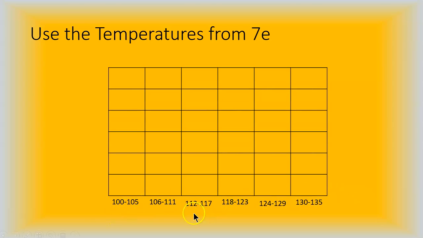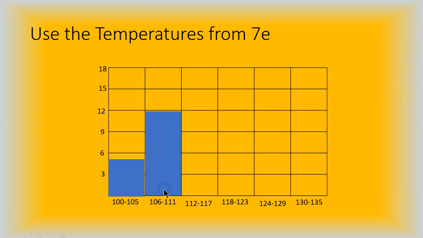You could copy it right from there. And then on our y-axis, 3, 6, 9, 12, 15, and 18, okay? So how many had these temperatures? For 100 to 105, that is 2/3 of the way up, so 3, 4, 5.